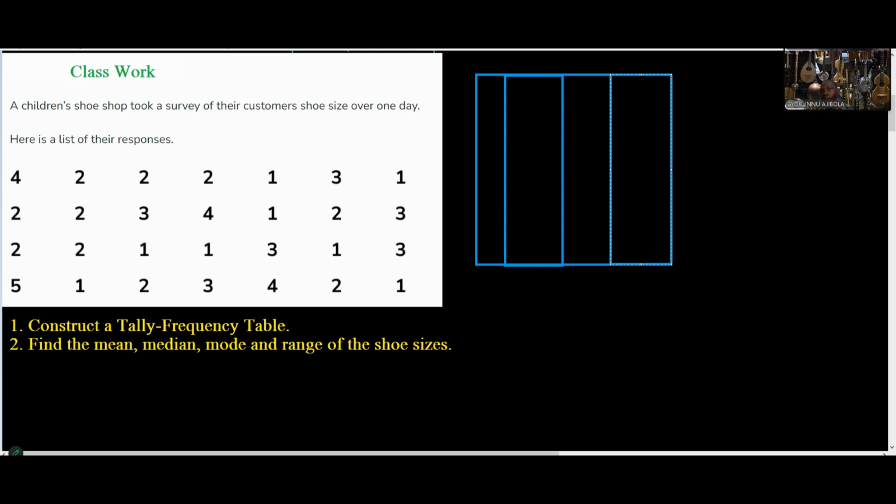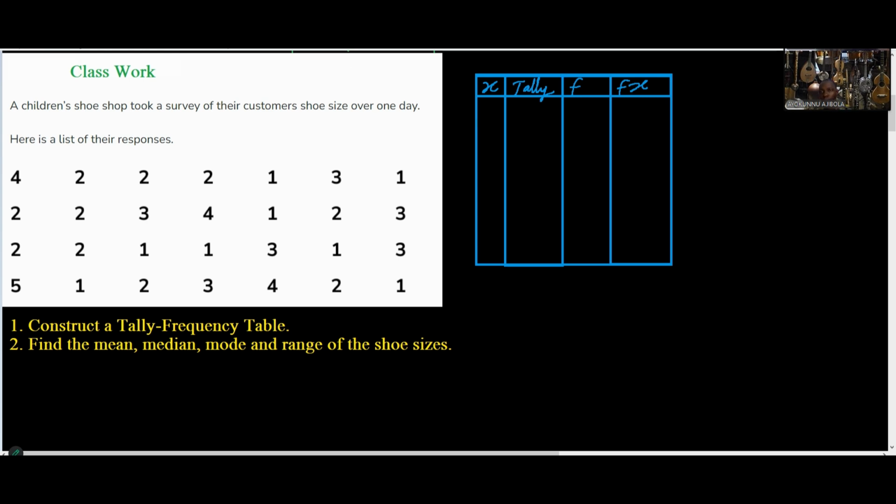So here I can have the headings. The first heading is going to be the number itself, the shoe size. Then this is going to be the fx, while this will be the f, and this will be the tally.